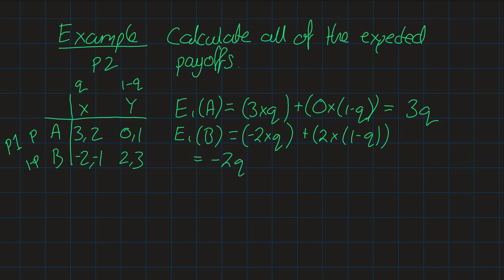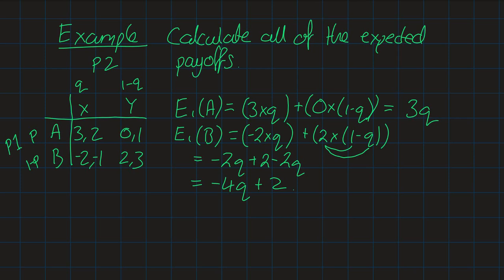Minus 2Q. Expanding the second bit, I have to distribute into both elements of the bracket. So that's plus 2 minus 2Q, which is minus 4Q plus 2.